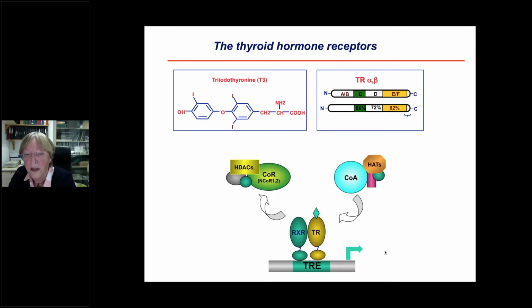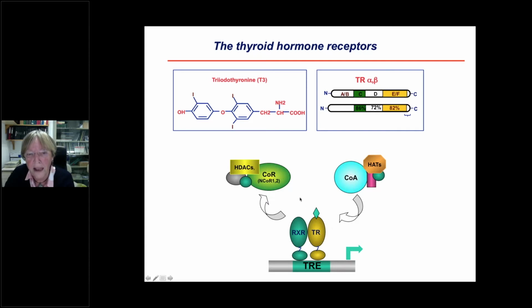Normally they bind as heterodimers with another nuclear receptor, the retinoid X receptor or RXR, and these receptors can act either as transcriptional stimulators or as transcriptional inhibitors, depending on the interaction with co-repressor and co-activator complexes.